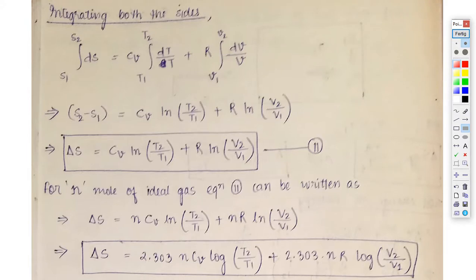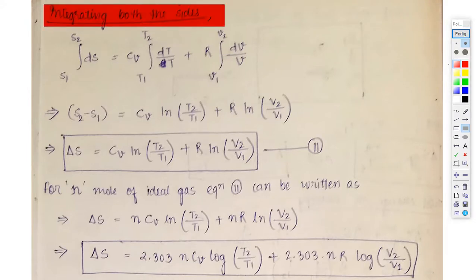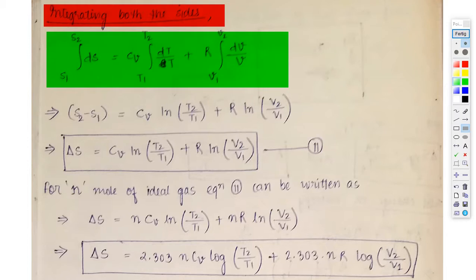Let's integrate the above equation, taking the limits from S1 to S2, T1 to T2 and V1 to V2. We get S2 minus S1 equals Cv integral of dT by T, which gives ln T2 by T1, plus R ln V2 by V1, where R is constant.